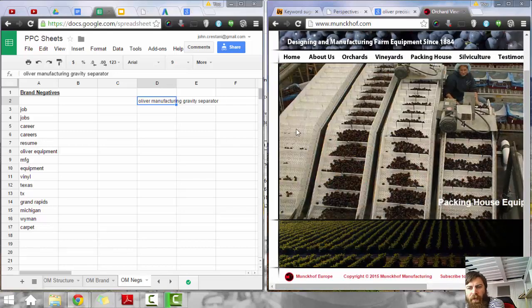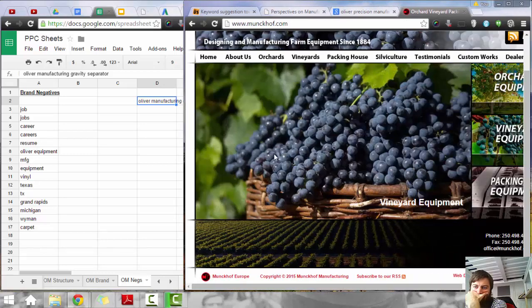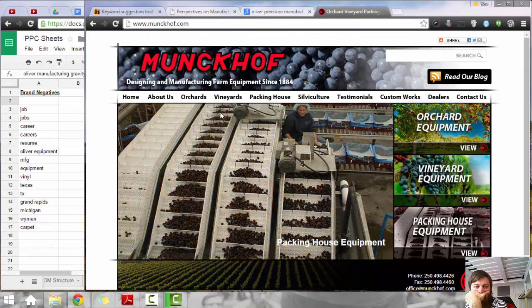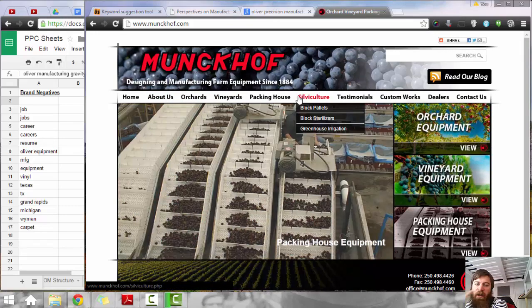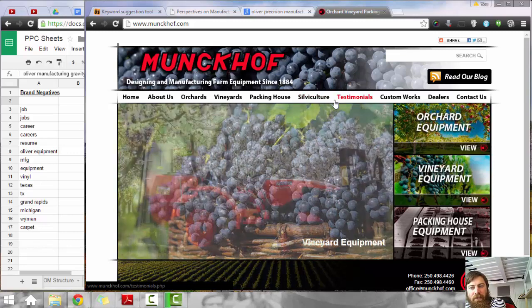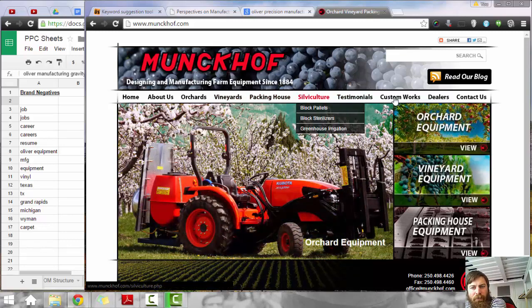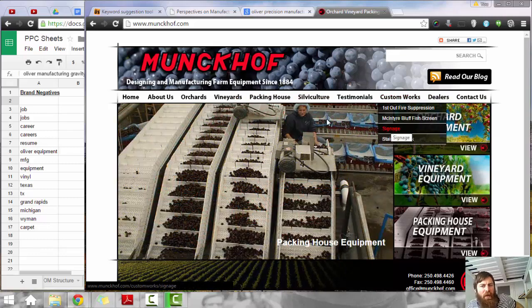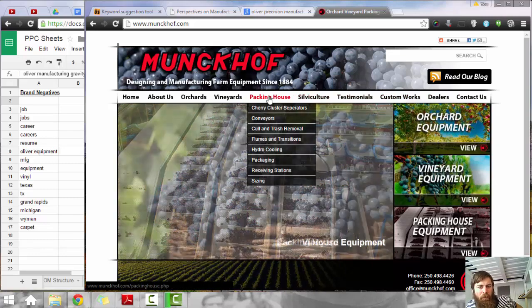They do farm equipment. House equipment. So it looks like they almost work in the same industries as Oliver Manufacturing.